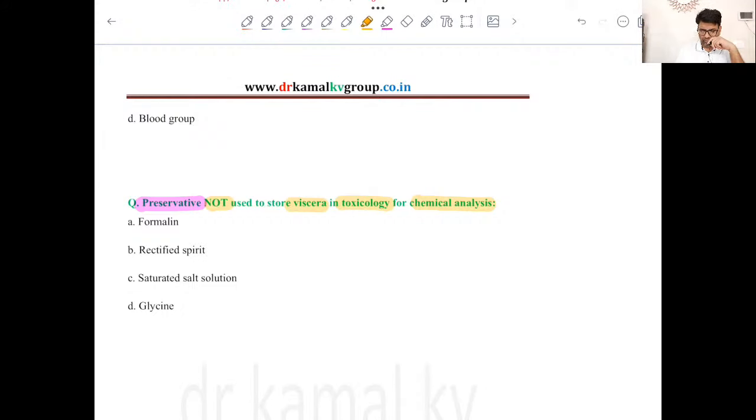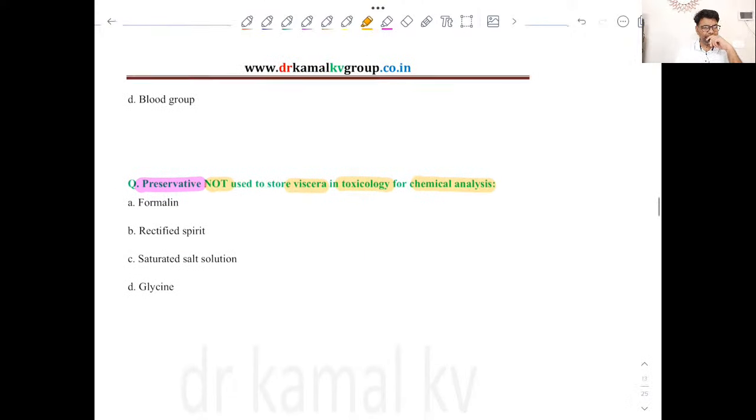And out of these four options, which one is of no use for us in viscera preservation in toxicology? Any idea what the answer can be here? I think the answer is not that tough. Very good, Shahnawaz bhai. The answer is glycine.